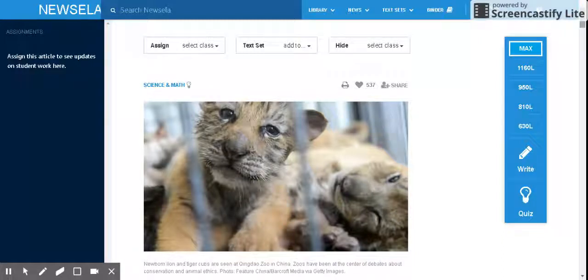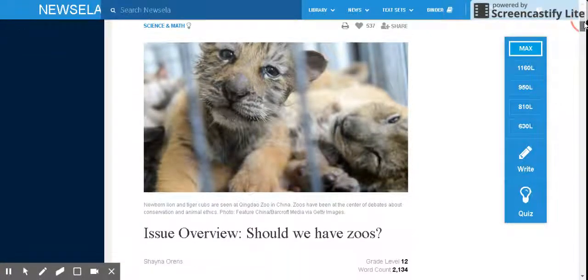And then what the Newsela staff does is they rewrite the article in 4 different levels so that it is appropriate for a variety of readers. So that's the beauty of Newsela, is that they take the time to write the same information in 4 different levels so that we have a total of 5 different levels of the article.